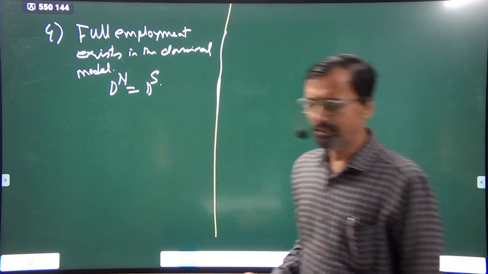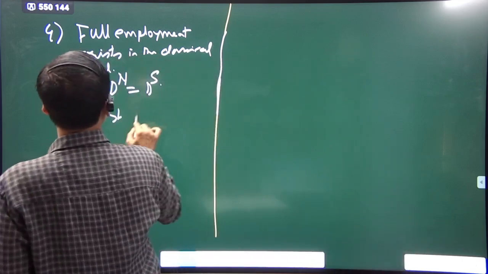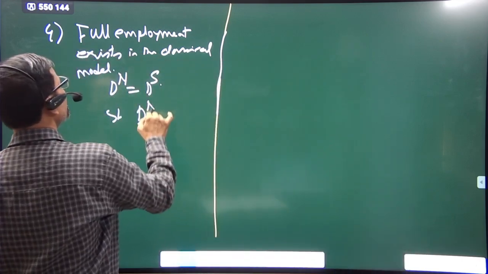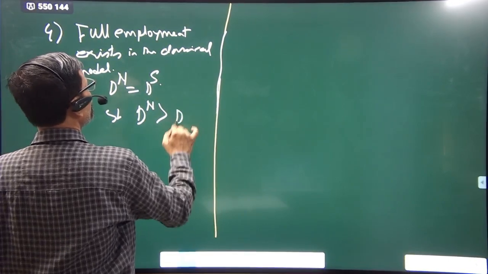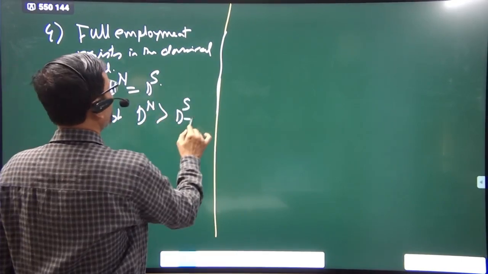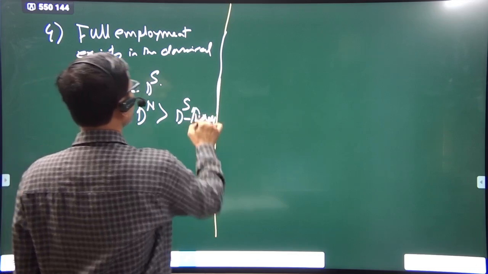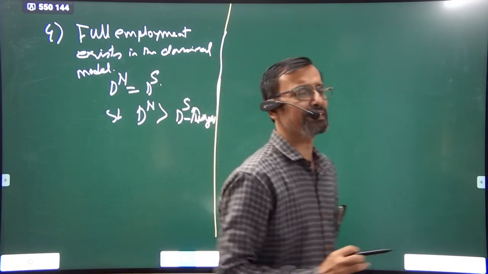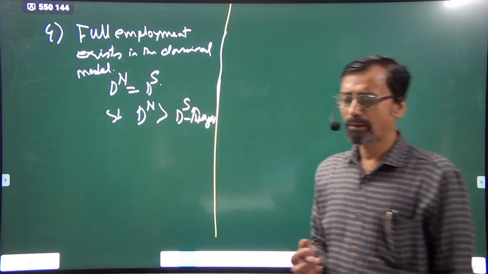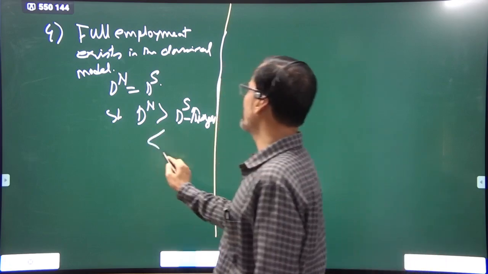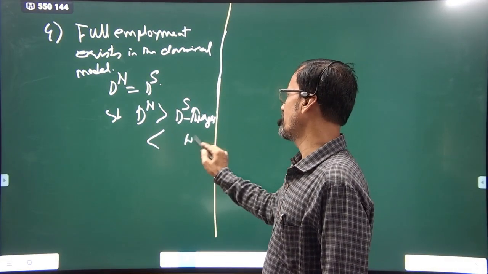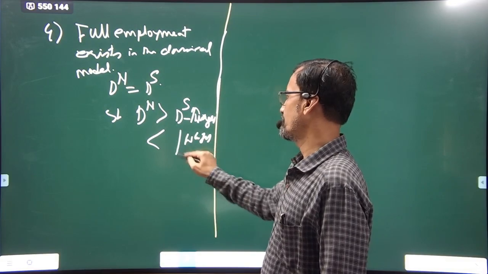So if demand is greater than supply of labor, under this situation wages will rise. And again, if demand is less than supply, then wages will fall.